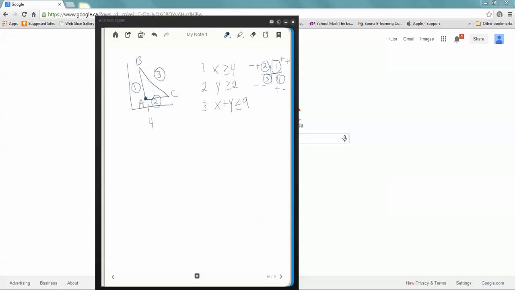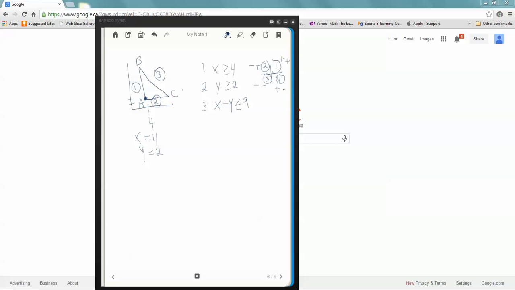When you make x is greater than or equal to 4, you draw a line going vertical. So x has to be 4. Then y is greater than or equal to 2. So here's your y-axis. 1, 2. That must be 2. When you have y is greater than or equal to 2, you make a parallel line like this.